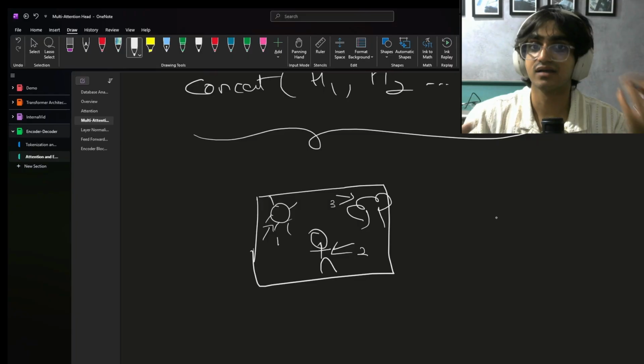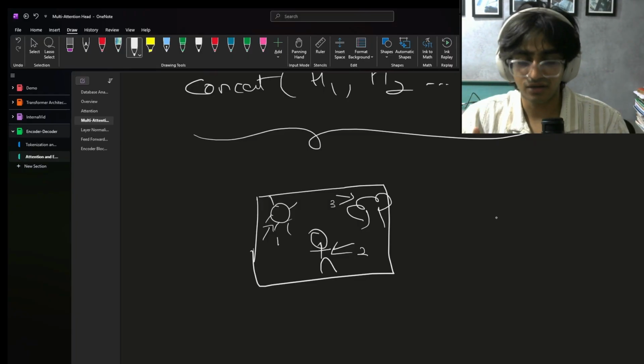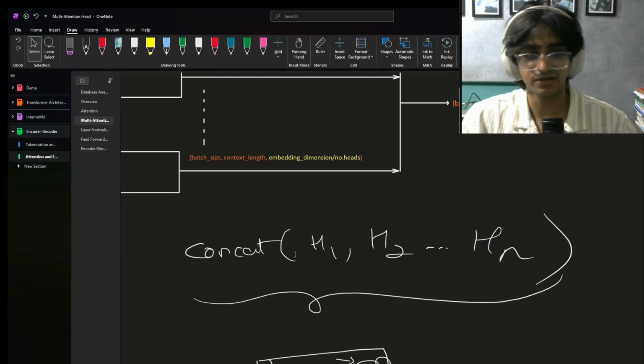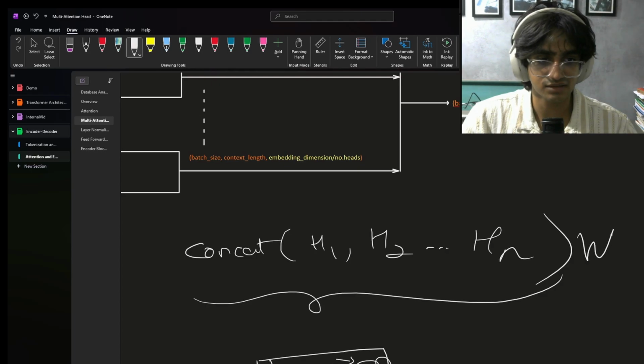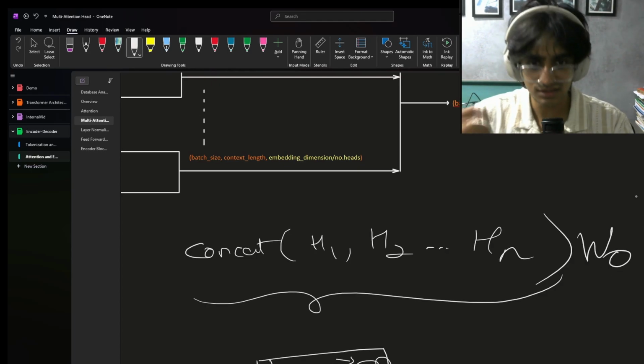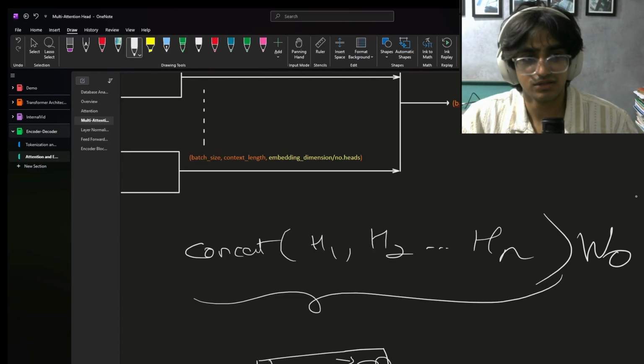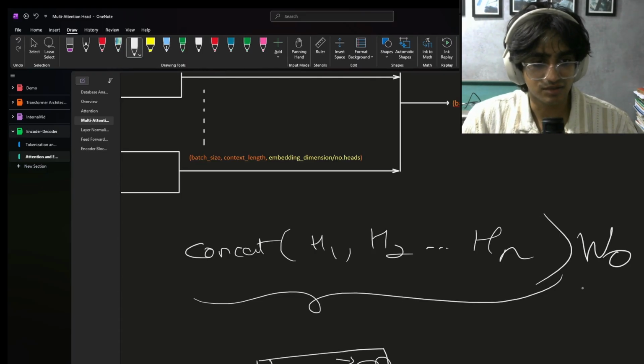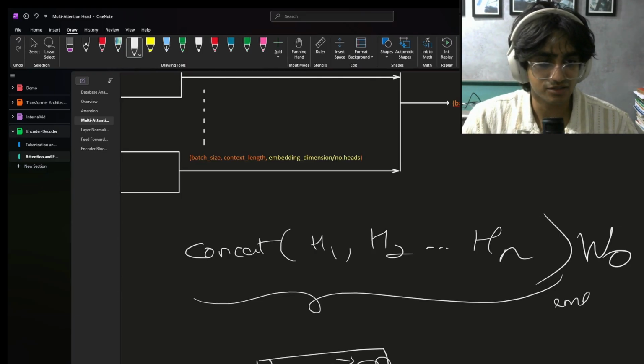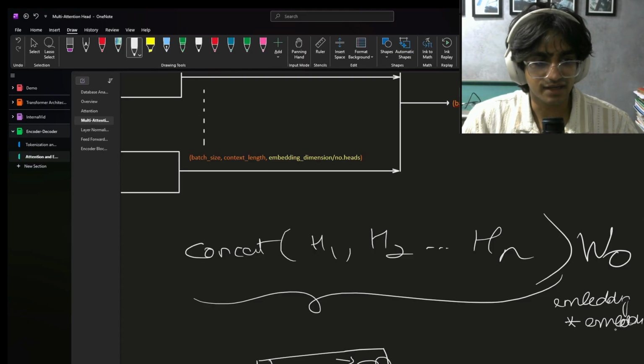But we need that. So in order to have that crosstalk, we introduce a W0 matrix. This essentially helps with the crosstalk. The dimension of this W0 is just your embedding dimension by your embedding dimension. And I told you we can ignore the batch size because that's just for efficient calculations.